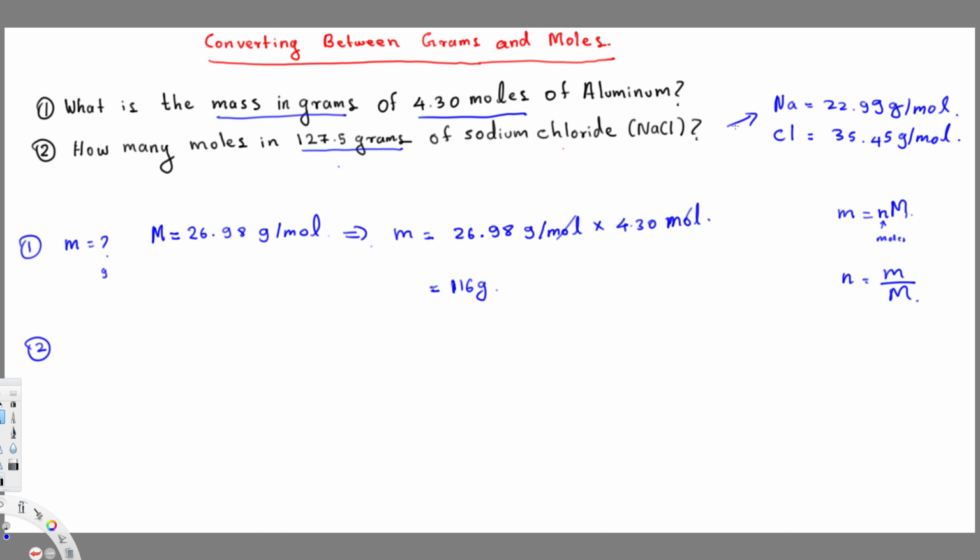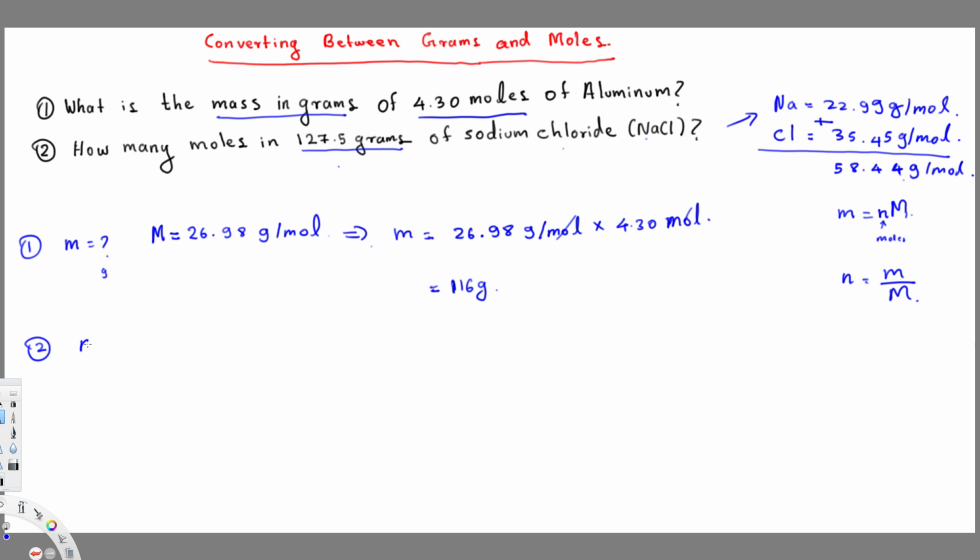Since sodium chloride has one sodium and one chlorine, we simply have to add these two together, and that gives us 58.44 gram per mole, right?